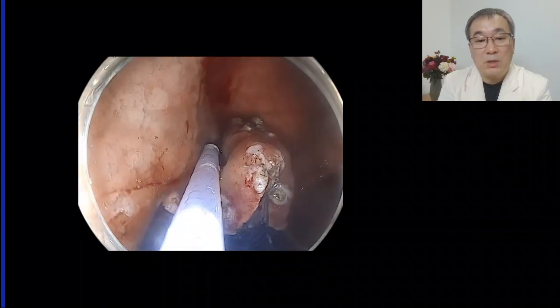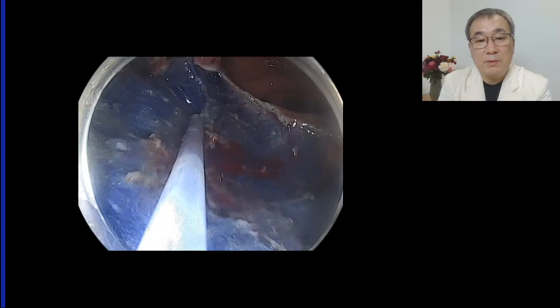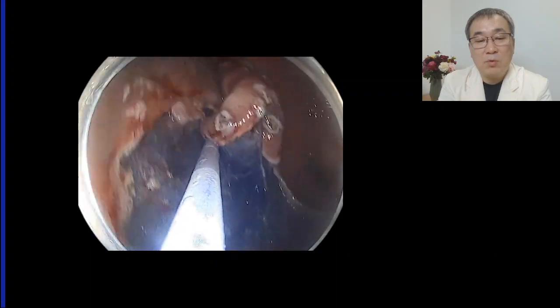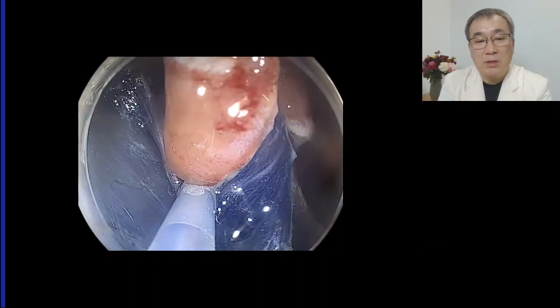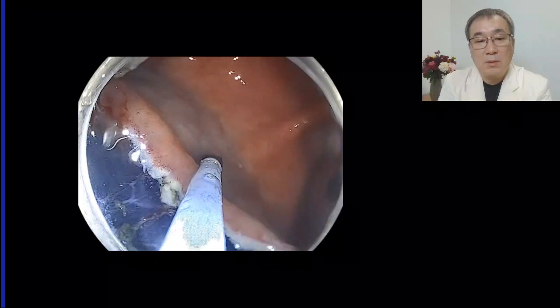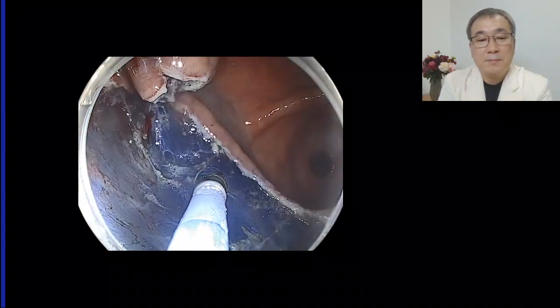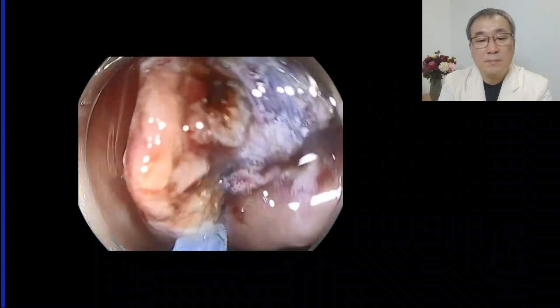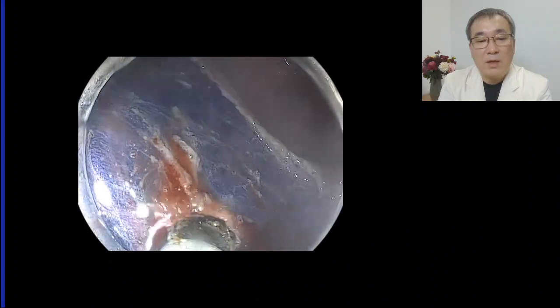You can inject some more water through Splash M knife. No need for submucosal injection using a needle. Okay, this is the final cutting.